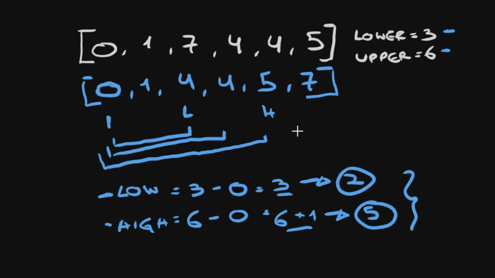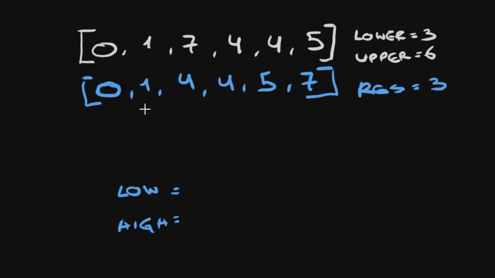So in this case, we have 3 valid pairs that we can add to a result. And this is the same as saying high minus low valid pairs. So here we can add to the result 5 minus 2 valid pairs. So now the result will be 3.